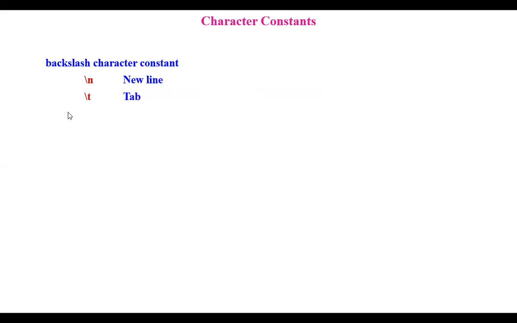Similarly, we have backslash t for a tab. Tab means, suppose you want some gap, some tab space between columns, then we can have this tab. Similarly, to have a gap vertically, we have a vertical tab. Carriage return is backslash r.